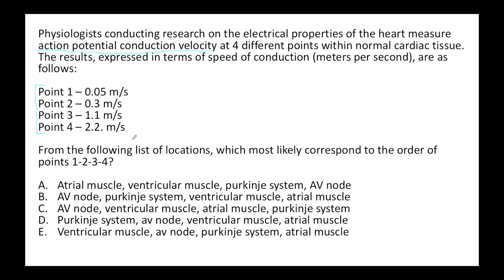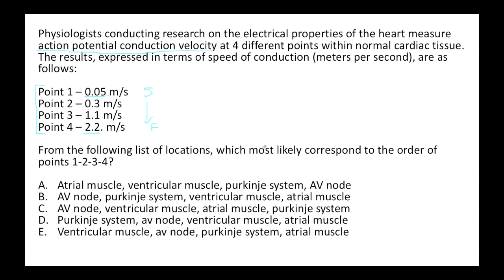Which direction are we going? We're going fast to slow. Like this, so if something's moving at 0.05 meters per second, this is actually going to be slow compared to something moving 2.2 meters per second. So we're going from slow to fast.